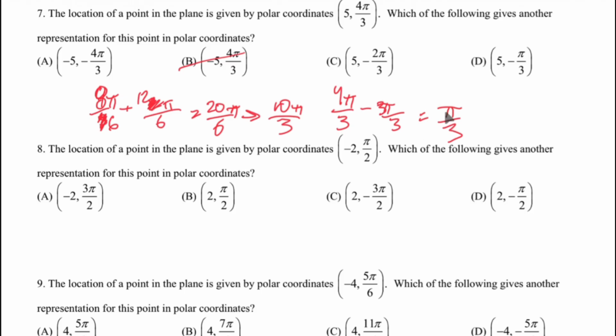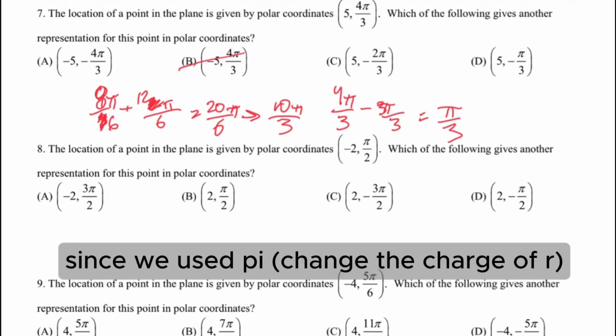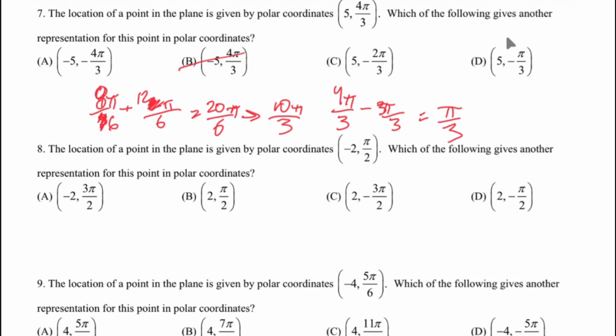So we just have pi over 3 here, but it should be -5 pi over 3. If we have negative pi over 3, that's just super random. The only coordinate that will work with pi over 3 is going to be -pi over 3. Nothing else will correspond to pi over 3. If we add pi, it's not going to give us pi over 3, it's going to give us something else.